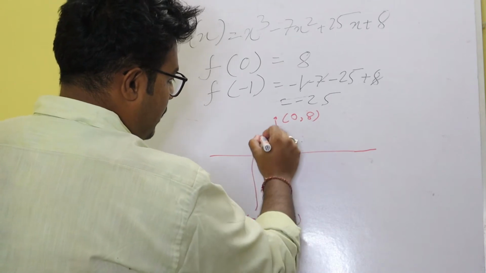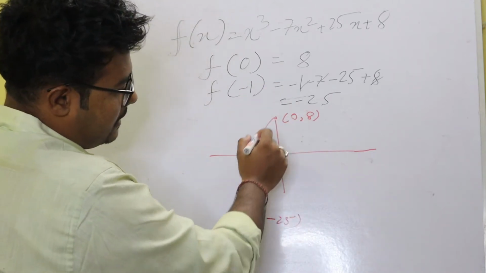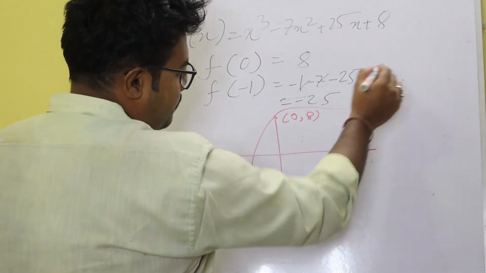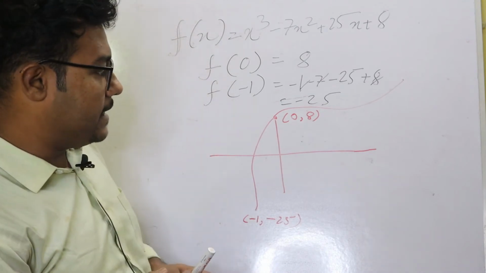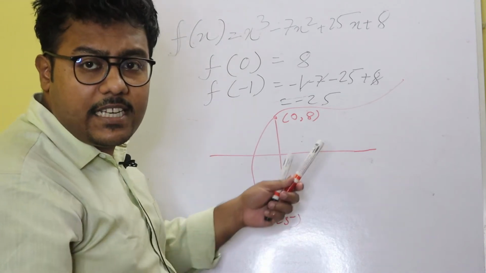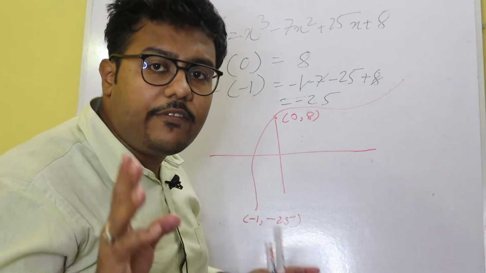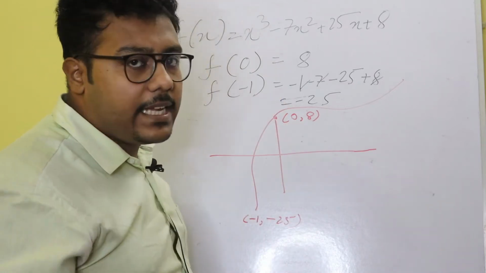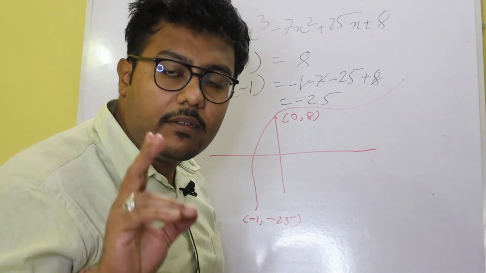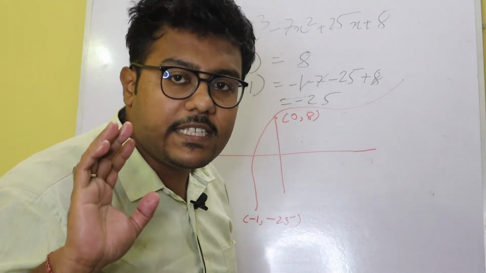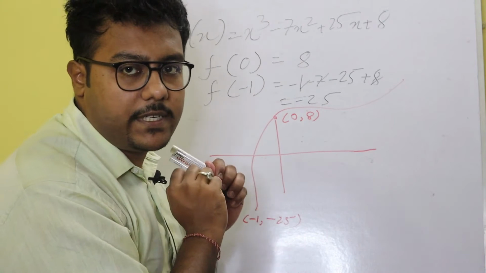So the function will go like this. Suppose the function goes like this and the shape of the function is like this. Actually, I don't know what the shape is, I am just taking a random shape curve, but the two things which are confirmed about this function are, since it is polynomial, it will be continuous and differentiable. These two things are confirmed about this function.